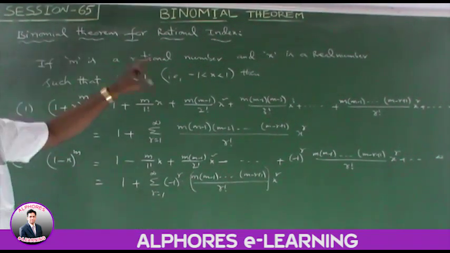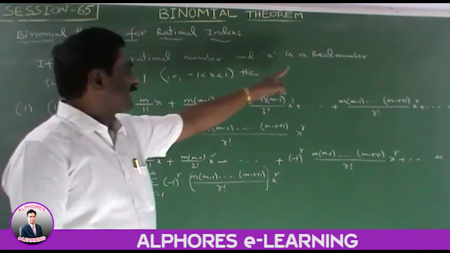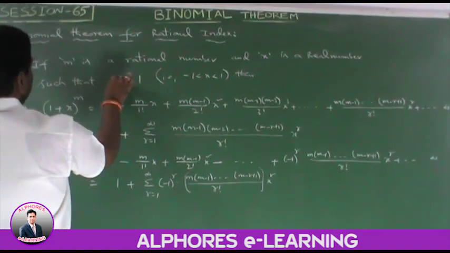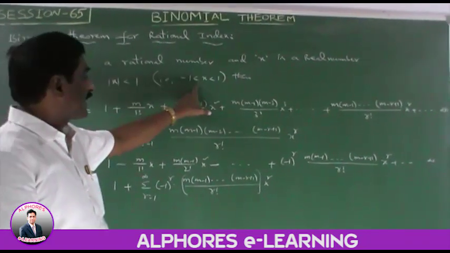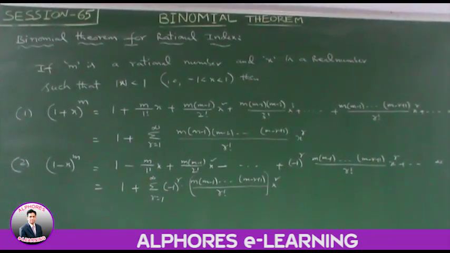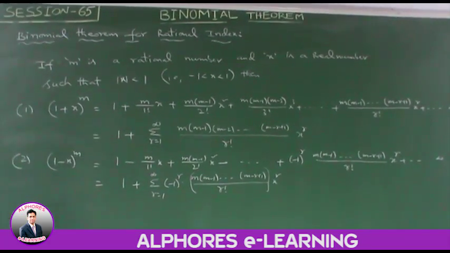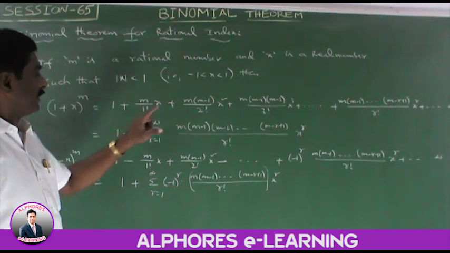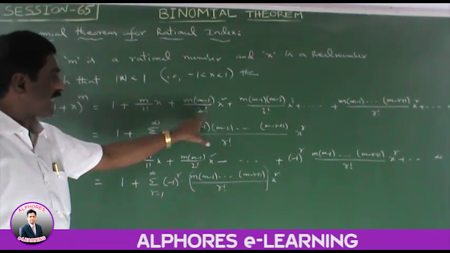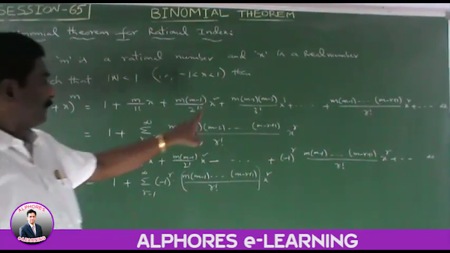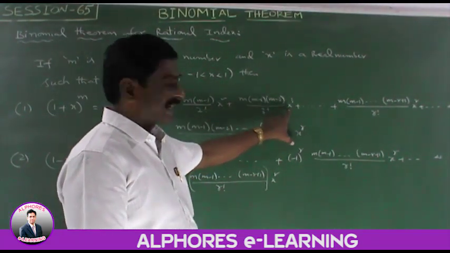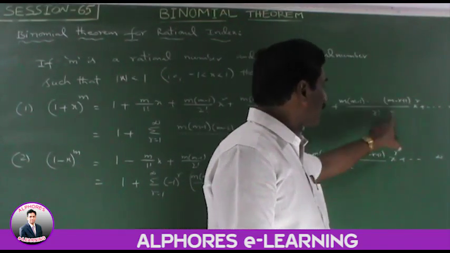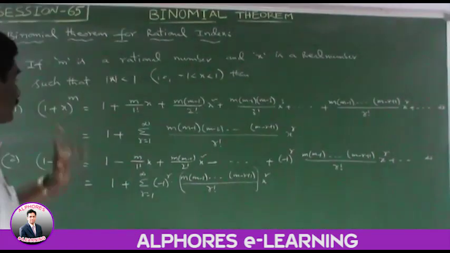If m is a rational number and x is a real number such that mod x is less than 1, that means minus 1 less than x less than 1, then 1 plus x whole power m is equal to 1 plus m by 1 factorial into x plus m into m minus 1 by 2 factorial into x square plus m into m minus 1 into m minus 2 by 3 factorial into x cube plus so on, m into m minus 1 into so on m minus r plus 1 by r factorial into x power r plus so on to infinity. Please note this statement.